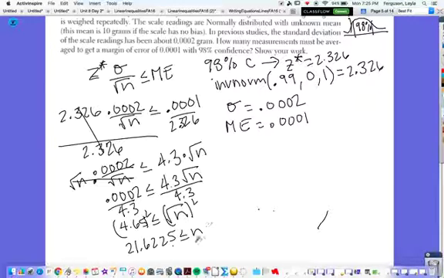Of course, we would need to round that up, so we would really need 22. Because we're talking about measurements, and of course it would be kind of difficult to get 0.6225 of a measurement. So 22 measurements.